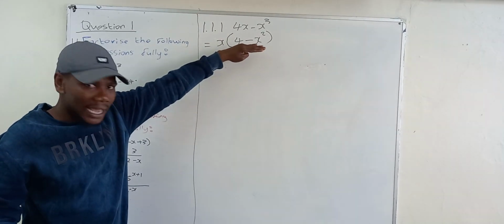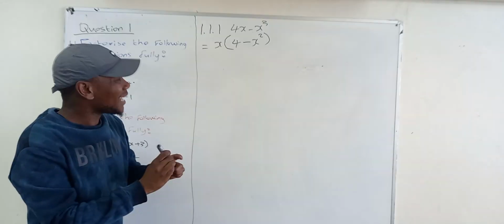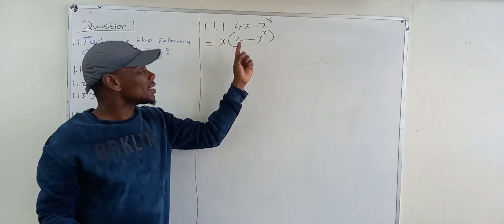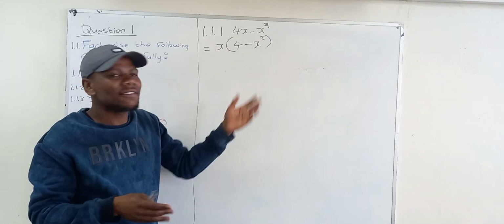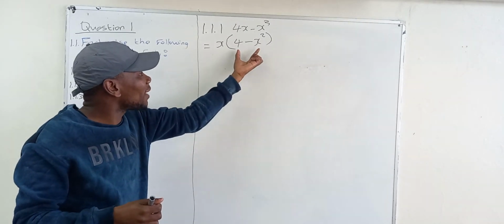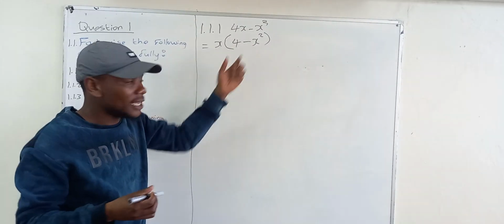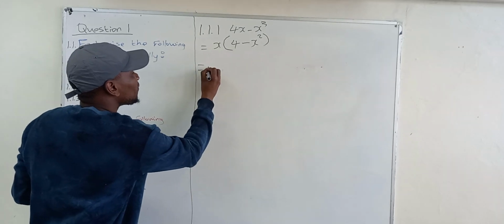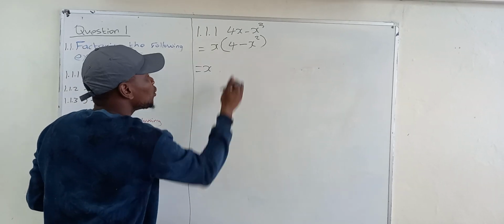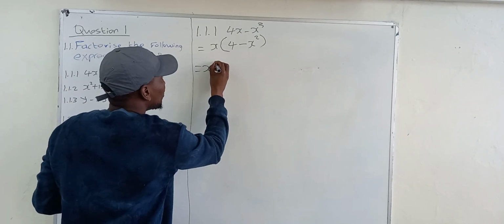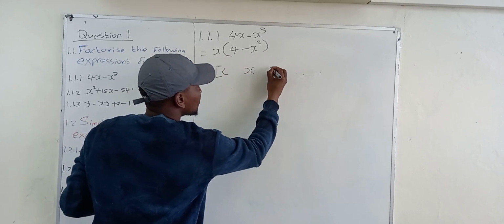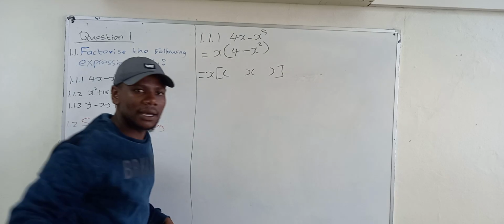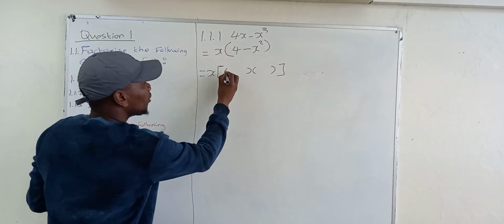But this does not end here, guys, because we have difference of 2 squares. 4 is a perfect square, x squared by itself is a perfect square. So we have to simplify this even further by factorizing it. So we have x, then we open 2 brackets, and then we close the bigger one.